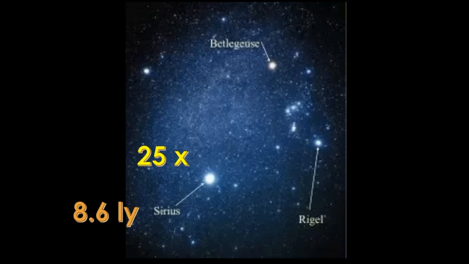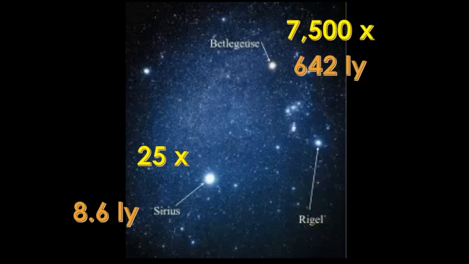So the light that hits your eye when you look at Sirius left that star 8.6 light years ago. Betelgeuse, not quite as bright, is actually 7,500 times brighter than our sun. But it doesn't appear as bright as our sun or as bright as Sirius because it is 642 light years away. So when you look up at the sky and see Betelgeuse, essentially the light that hits your eye has been traveling for 642 years.